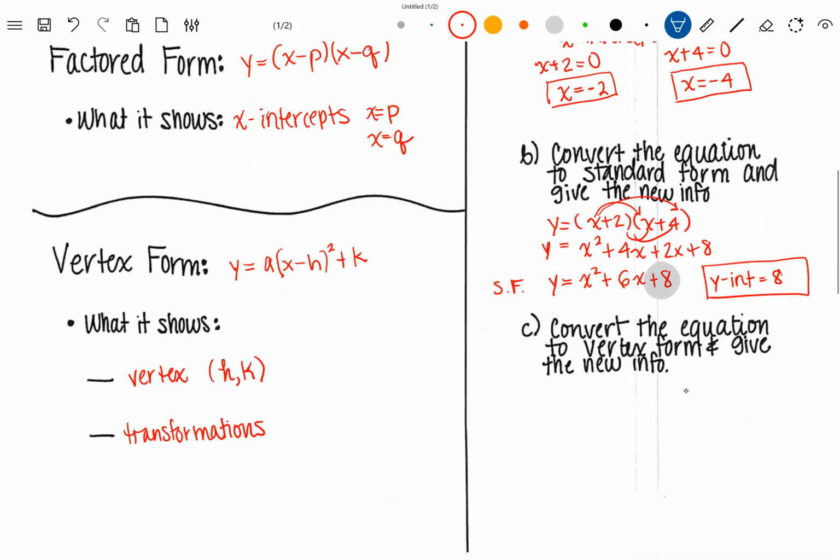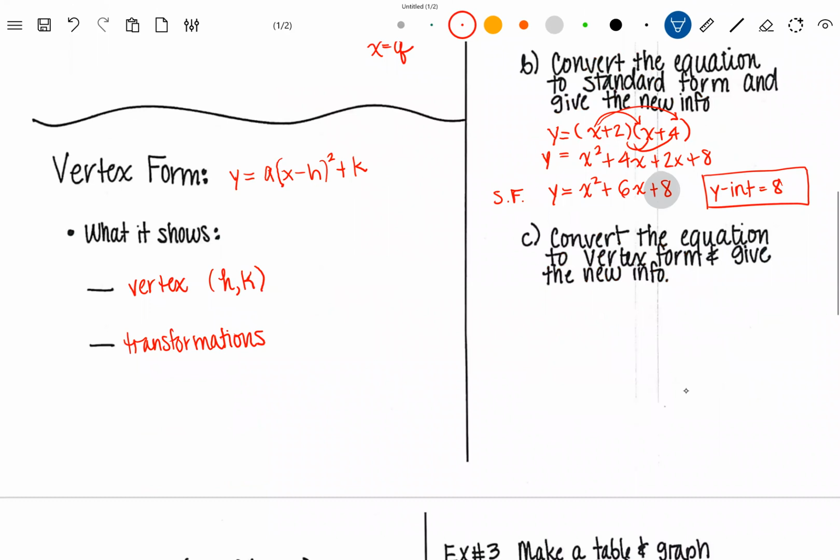Now those two are pretty easy. C, it's not difficult. It's just new. So what we're going to do is complete the square. And remember what we talked about yesterday is to complete the square, we're forcing a trinomial to be a perfect square trinomial. A perfect square trinomial looks like this.